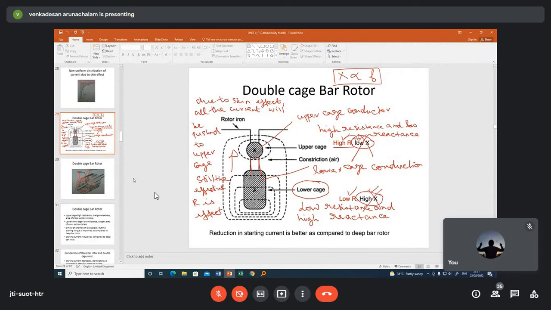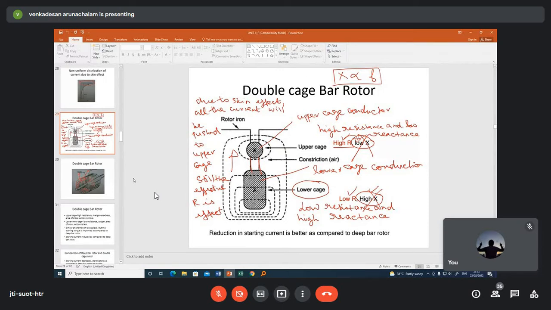Further, to improve the performance of deep bar, people have come up with the double cage rotor. The concept is very similar to deep bar rotor, but they have done a little modification. Here, the rotor construction is very similar to deep bar, but you have two cages.